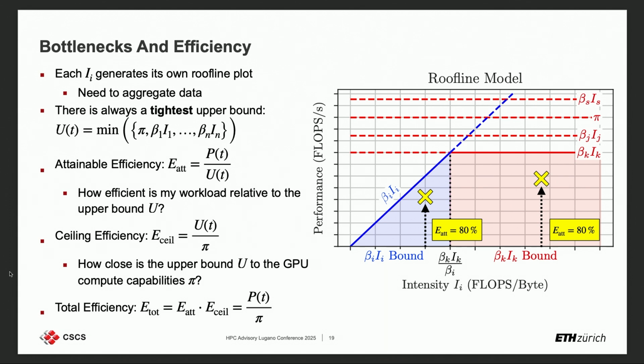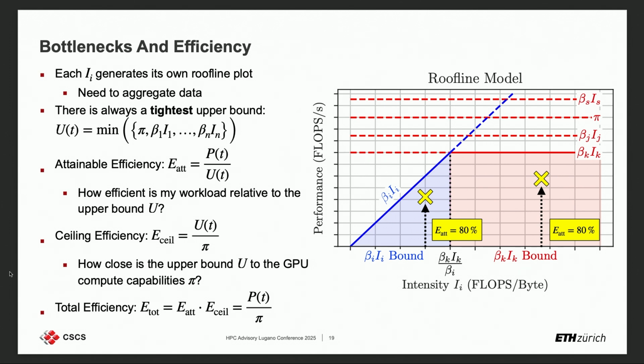So if you look at the height on the performance axis of that point, you're about 80% of the way to getting the maximum performance you can get. And the same goes for the other point in the red region. The tightest bound is the horizontal red line, and you're about 80% of the way there. So in both cases, you have about an 80% attainable efficiency.